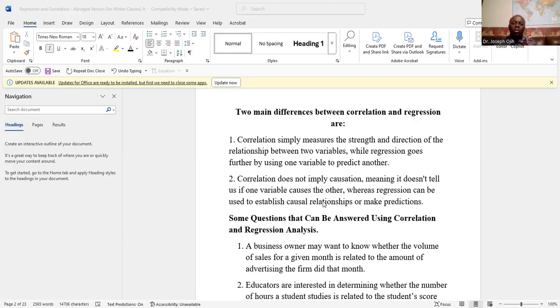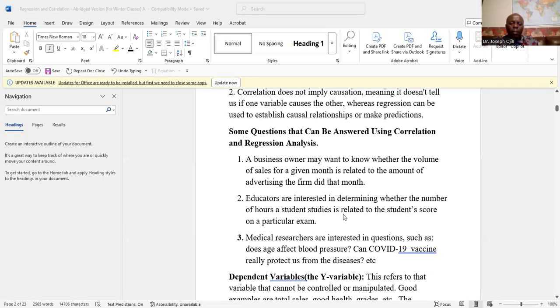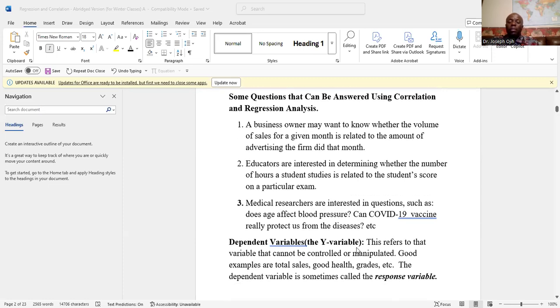Now, you can use these two concepts in many ways. For example, a business owner might want to know whether the volume of sales for a given month is related to the amount of advertisement they made that month. An educator might want to determine whether the number of hours students studied is related to their score on a particular exam.